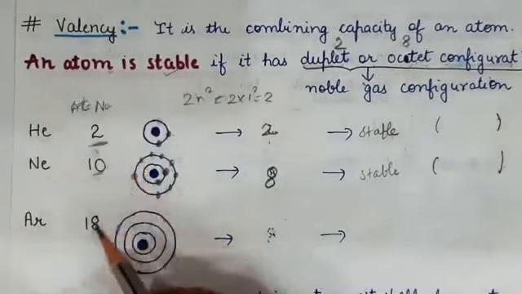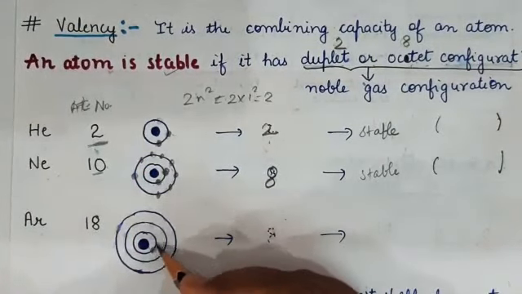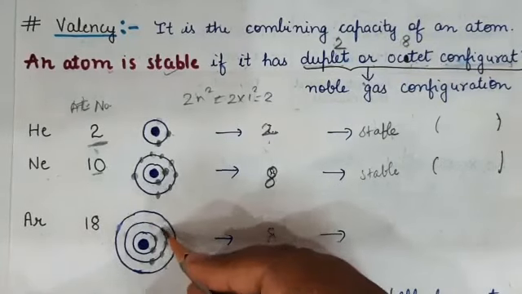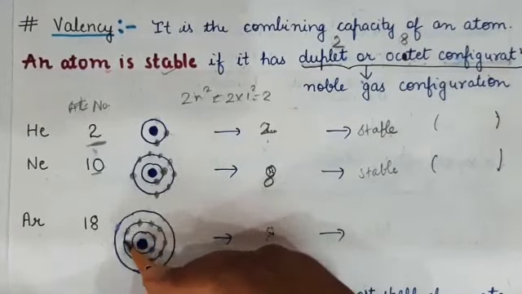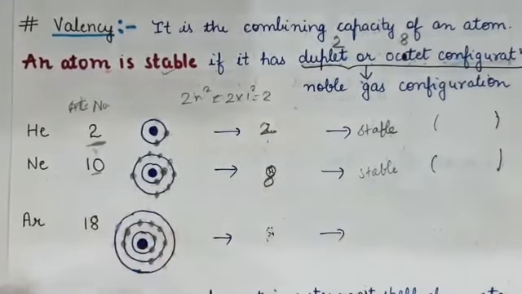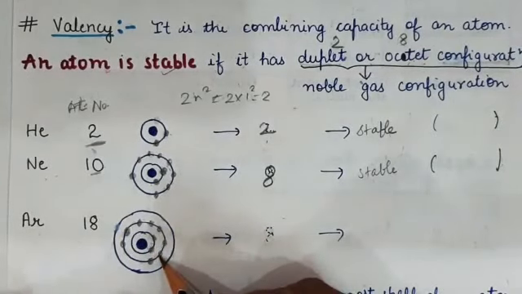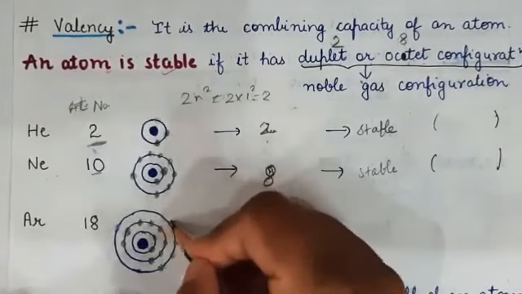Argon, atomic number is 18. Fill the electrons. In the first shell 2, second shell 8. We can fill only 8 electrons in the second shell according to the rule given by Bohr-Bury, that the maximum number of electrons that can be accommodated is 8. So 2, 8, that is 10. We are left with how many electrons? 8. So 8 electrons in the outermost shell.